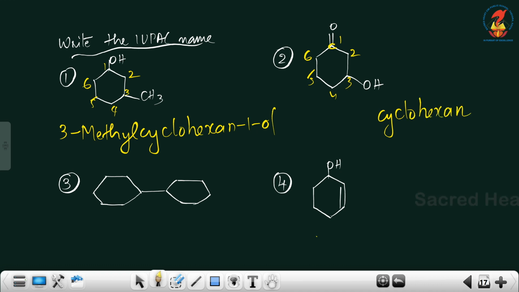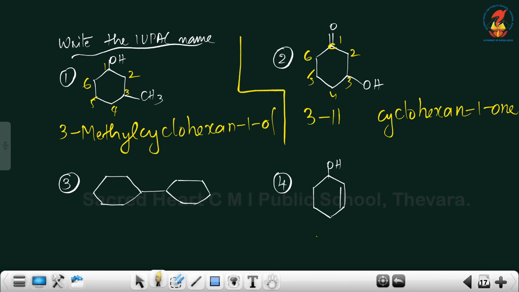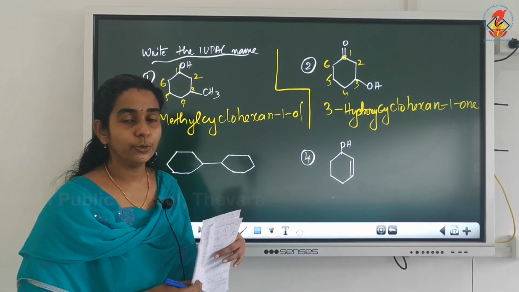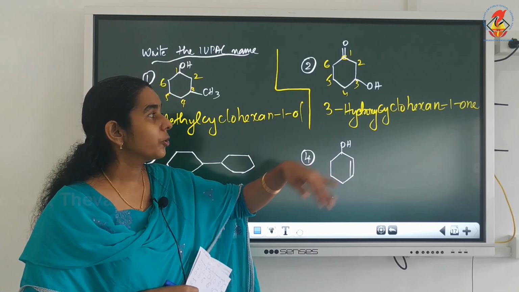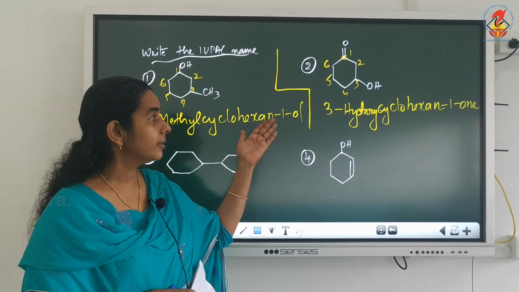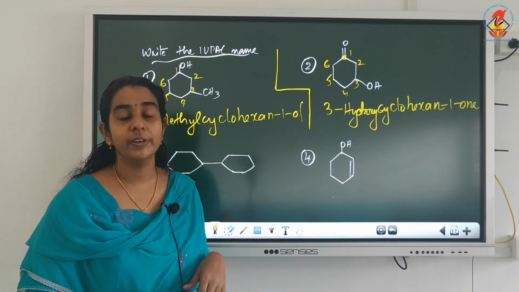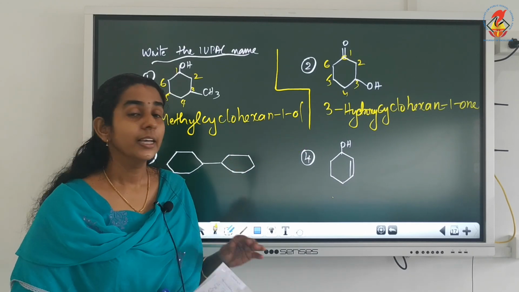Cyclohexane ring. The rule is the same as in the case of aliphatic compounds: the principal functional group will go as a suffix and the other functional groups will be written as prefixes, so 3-hydroxy.